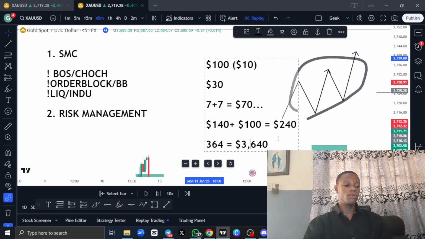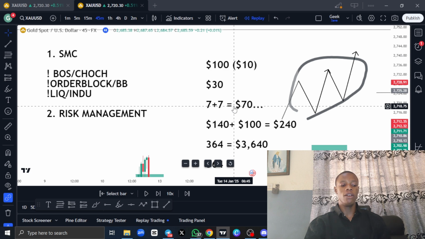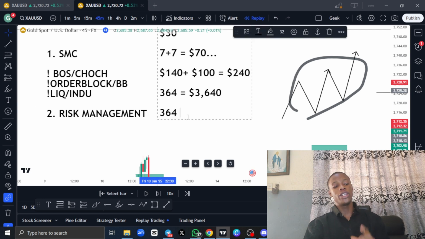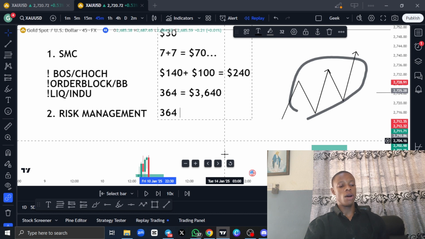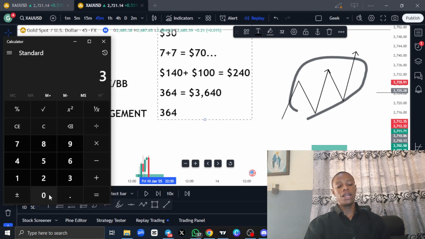Now, that same year, you won about 364 trades since you have a 50% win rate. If you won 364 trades, what does that mean? You are making $30 per trade, per TP. So 364 trades times $30.